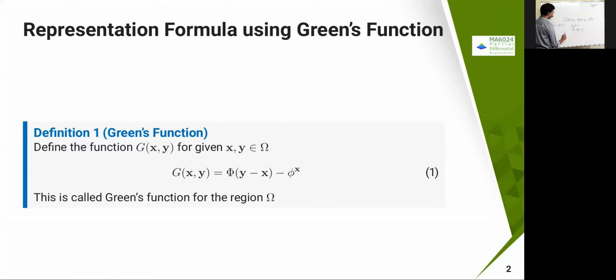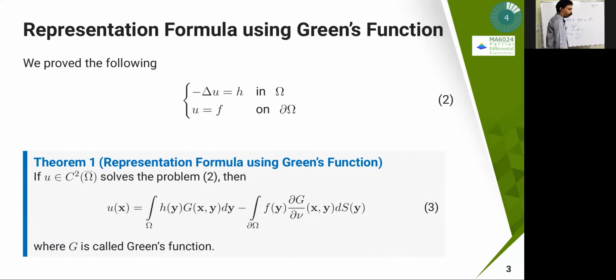and then minus the integral over the boundary dou omega of dou G by dou nu into f of y dS. So this is u of x.